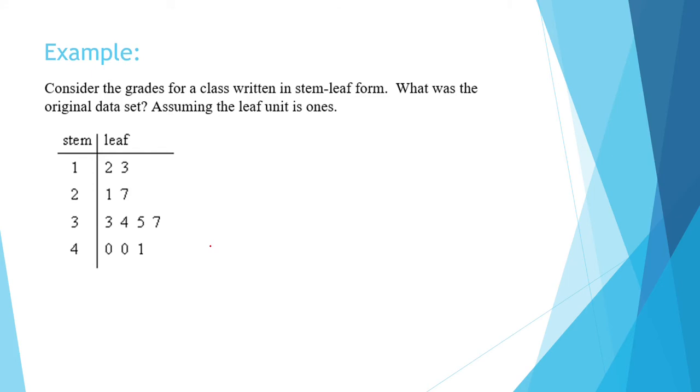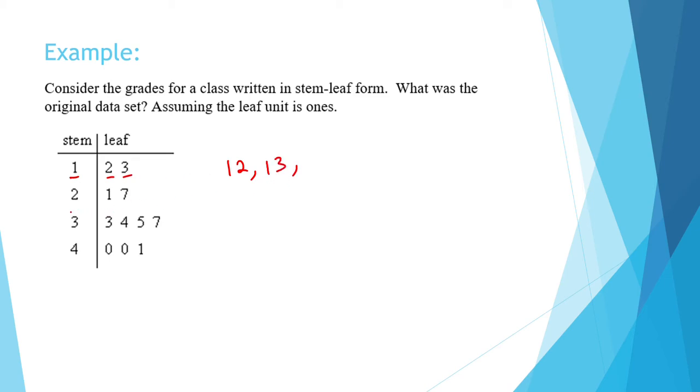Example, consider the grades for a class written in stem and leaf form. What was the original data set, assuming the leaf unit is ones? Now, I want to translate this back to the original data, so we'll start with the stem. 1, 2 represents 12. 1, 3 represents 13.